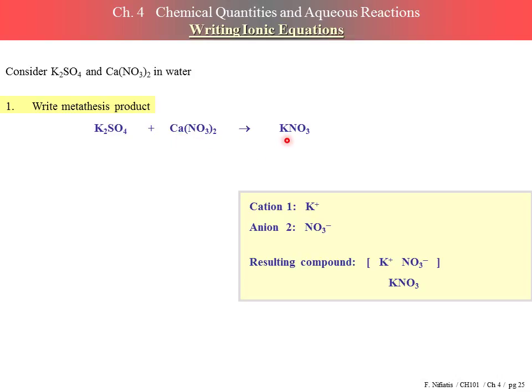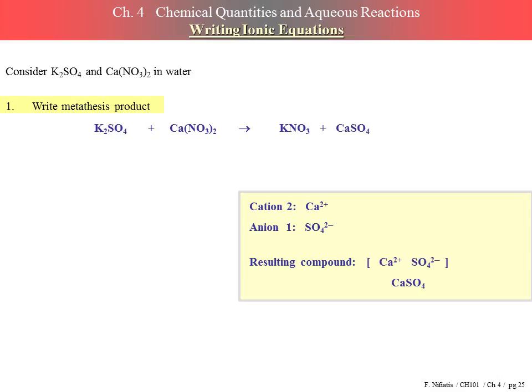However, here the potassium has +1, so we are not going to need the parentheses and the subscript. The other compound, we are going to put together the calcium and the sulfate. The calcium has 2+ charge, the sulfate has 2- charge, so we are not going to need subscripts.